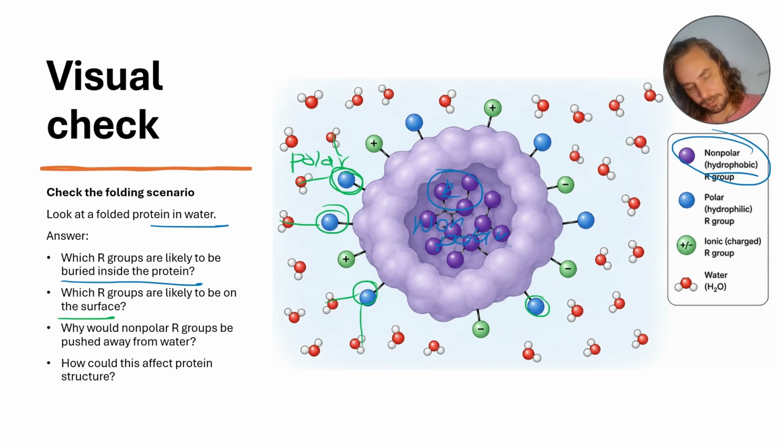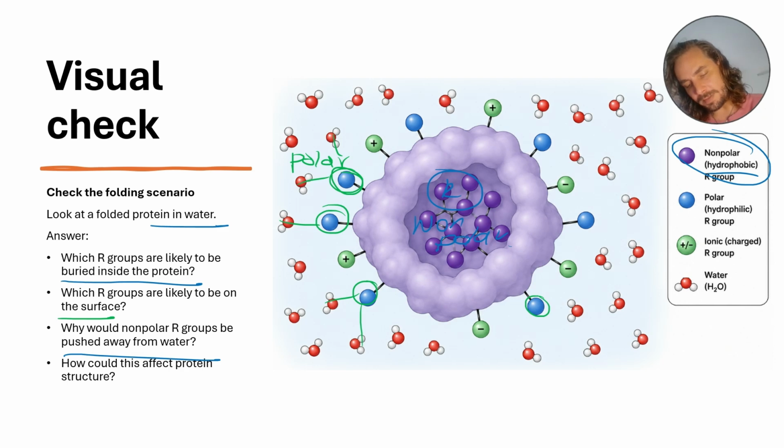And then finally, why would non-polar groups be pushed away from water? Because they don't interact well with water. They don't form any connection with water. So it's like lipids and water. They tend to form a separate layer.